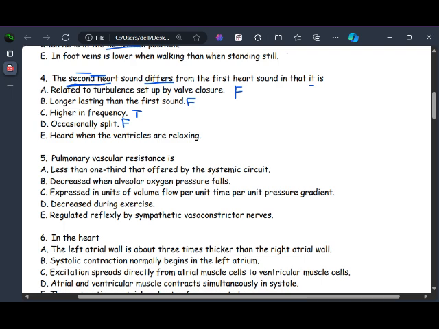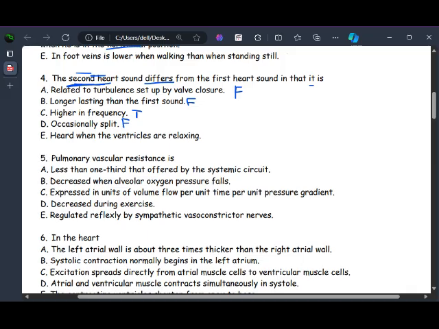You don't have the atria and the ventricles contracting at the same time, but the two atria will contract at the same time, and then the ventricles will also contract at the same time, just a bit later. The reason is that you need to allow a bit of time for ventricular infilling, of course. Since you have two valves, one going to the aorta and one going to the pulmonary artery, those two valves can close at a slightly different time.